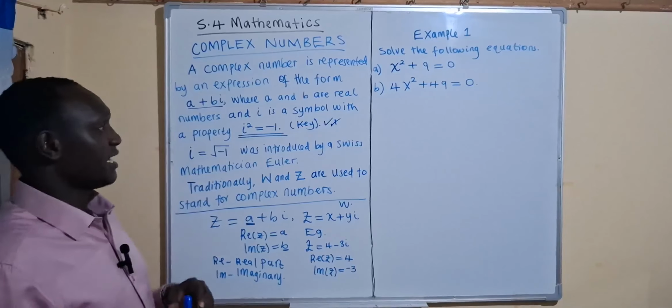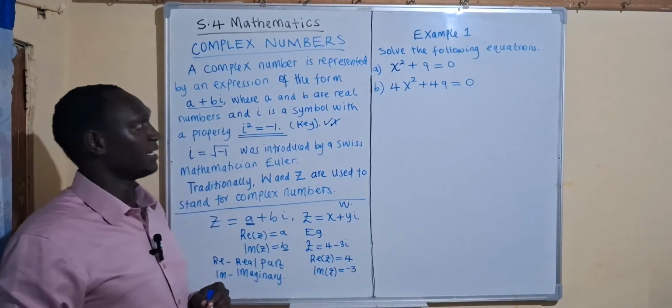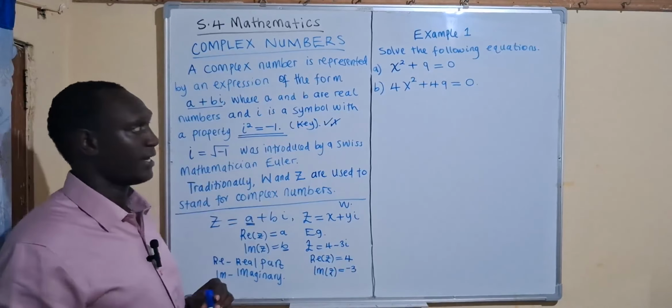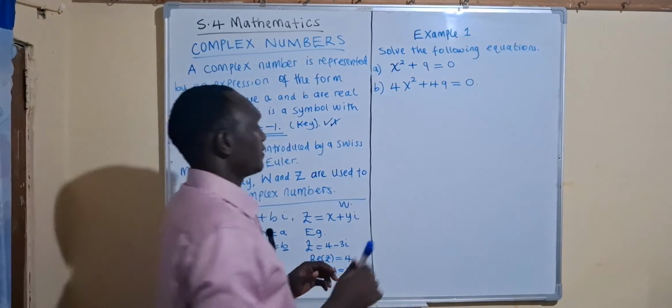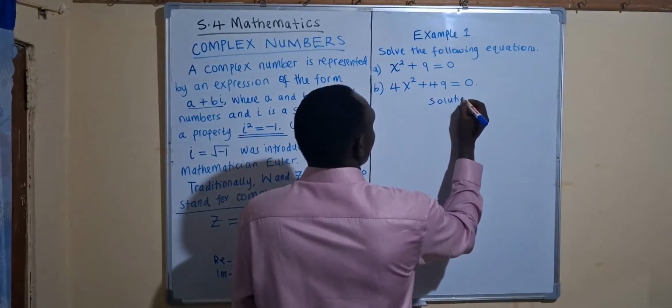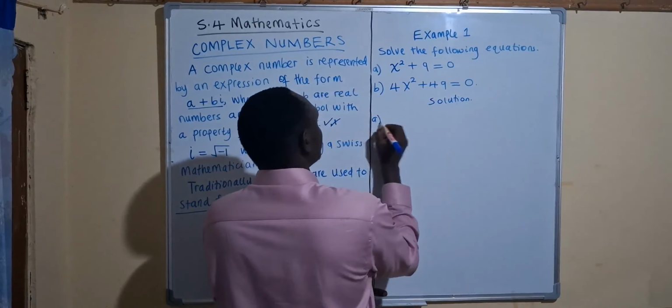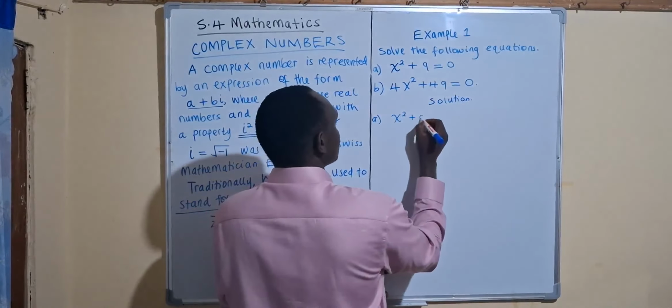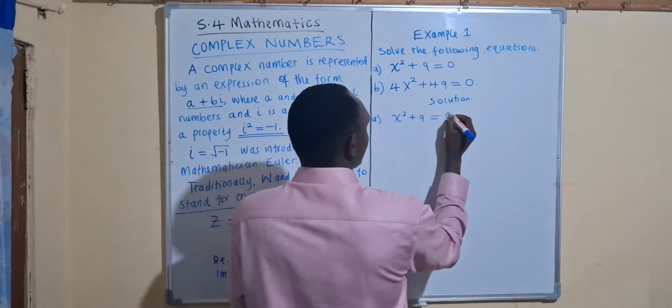Let's see how we can apply that property to solve example 1. Example 1 says, solve the following equations. For part A, it is x squared plus 9 equals 0.